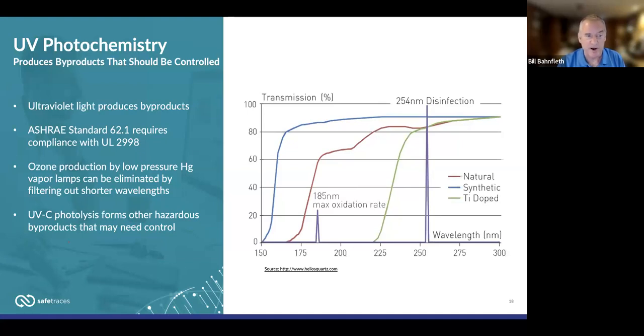That's not really a problem for complying with UL 2998 as is now required by ASHRAE standard 62.1 and 62.2. All we have to do is select the right tube material to filter it out. What is new and being discussed a lot is other products of UV photolysis, and we'll see those on the next slide.